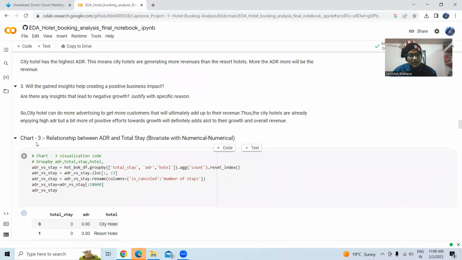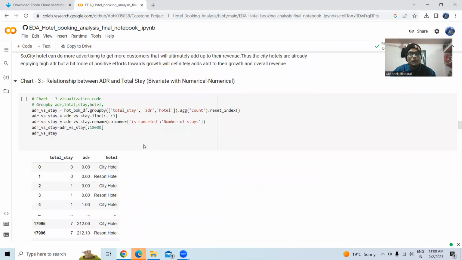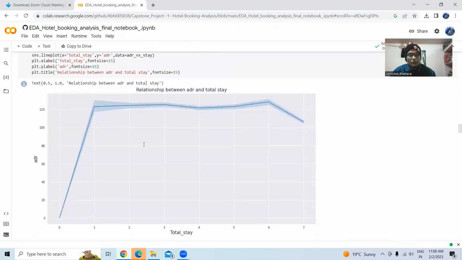Our third chart belongs to the relationship between ADR and total stay. Again, we have followed the UVM rule here. In this, we are doing bivariate with numerical, so both the columns have numerical values. If you look at the chart, we can easily say that total stay and ADR both have numerical values.